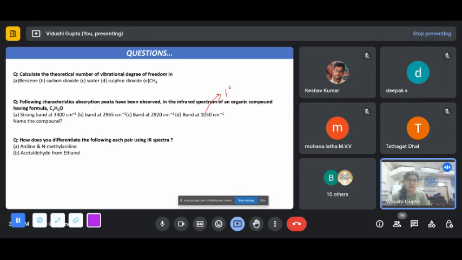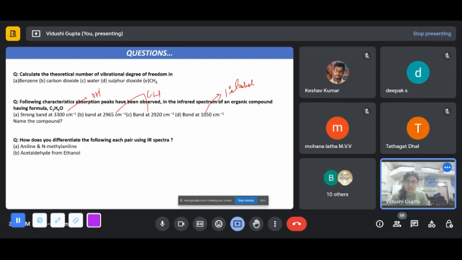So always remember, if there is a primary alcohol, then in IR it will appear at 1050. If there is OH, then it will appear at 3300, and for CH stretching, it will be near about 2900.